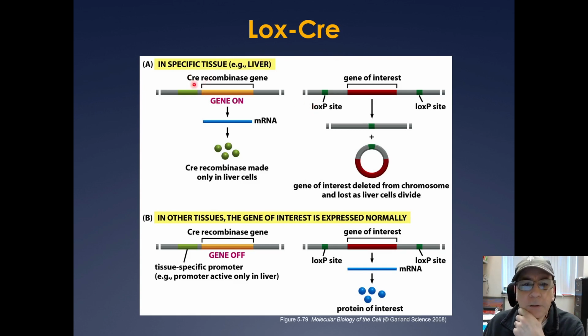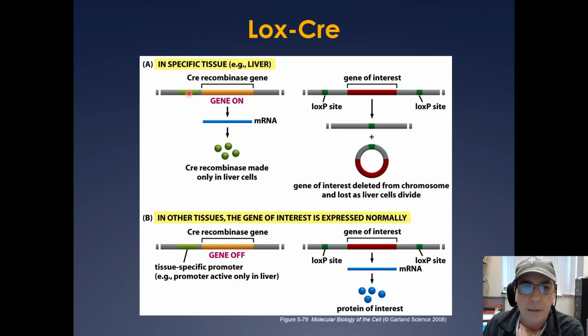CRE is a recombinase gene, and oftentimes you can put it under a tissue-specific promoter. It's integrated in mouse ES cells, and then you can create a transgenic mouse line with this CRE recombinase under a tissue-specific promoter.